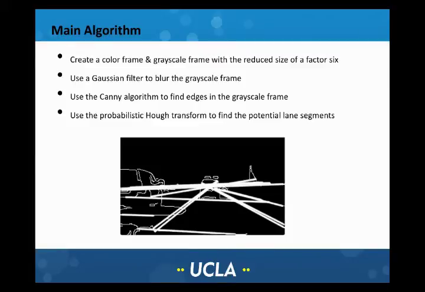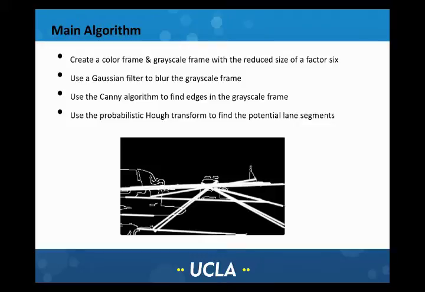Then I would like to introduce the main algorithm. Firstly, we create a color frame and also a grayscale frame with a size reduced by a factor of 6 to smooth the visual effect. Then we use a Gaussian filter to blur the grayscale frame, and then we use the Canny algorithm to find the edges in the grayscale frame.